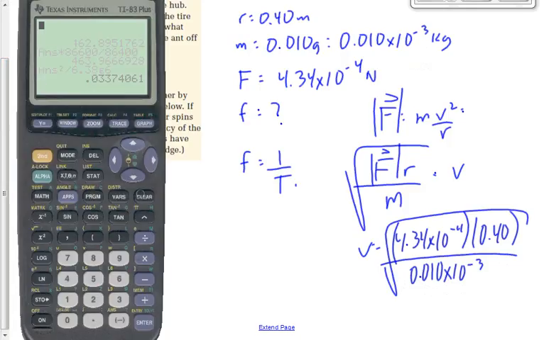So let's go with inside the square root sign first. 4.34, 10 to the negative 4. Now let's square root that. So the speed, the maximum speed that this ant can go, 4.167.